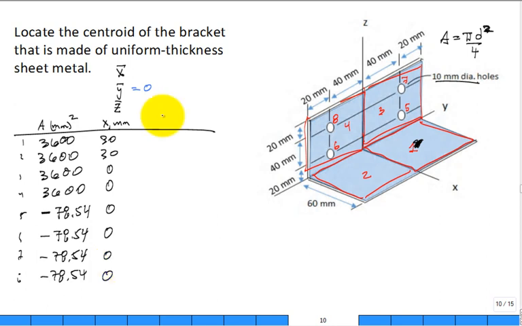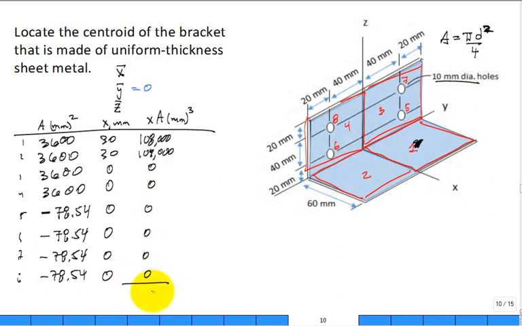Now, what we do is make an additional column, the product of x times a. For the x times a, you get 108,000. Those are millimeter cubed. And you get 108,000. The rest of them are zeros. I mean, these are all zeros.